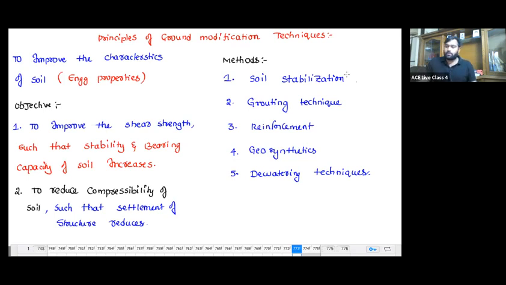Now, what is the meaning of soil stabilization, sir? Stabilization means to improve the strength, and to reduce the permeability. We are going to do some stabilization like mechanical stabilization. Mechanical stabilization is there, and there is one more stabilization known as chemical stabilization. Okay.